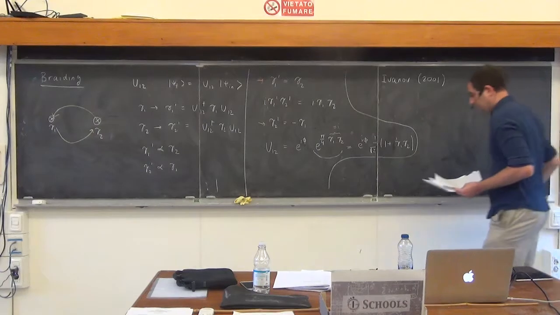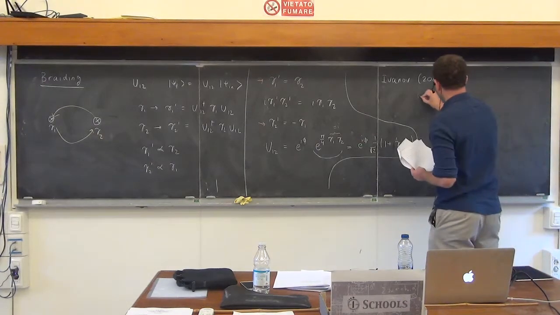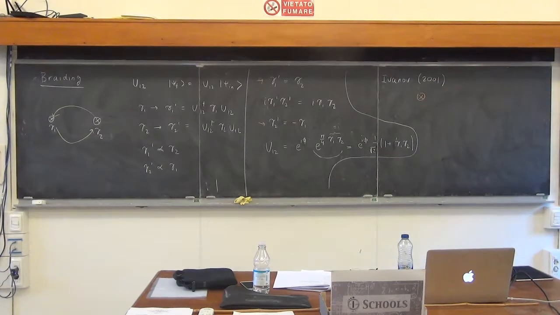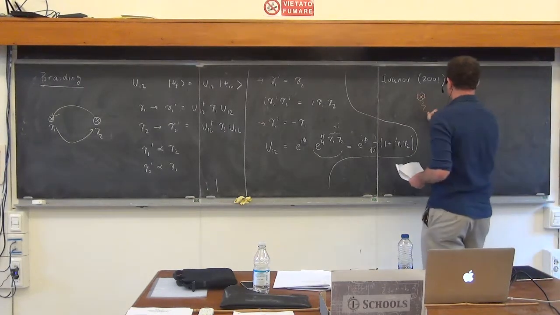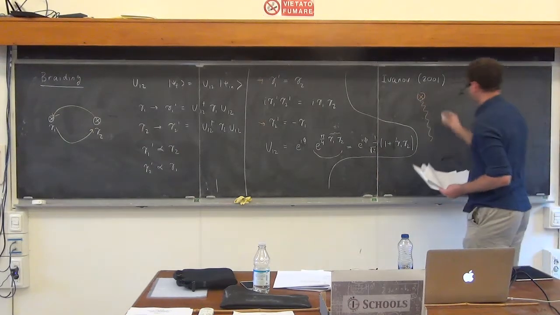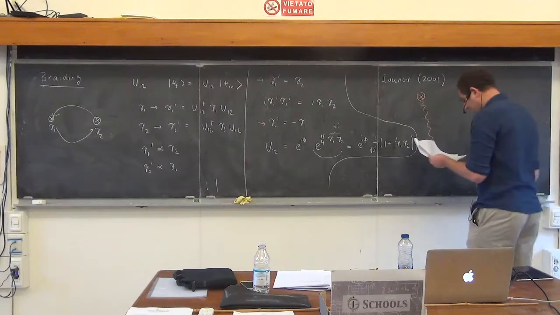You simply recall that if you have a vortex in a superconductor and you take a fermion around it, the fermion is like half the Cooper pair. The Cooper pair requires a phase of 2 pi. When you do that, the fermion requires a phase of pi. So you can think about the vortex as carrying a branch cut, where the phase jumps by pi each time you cross this branch cut.